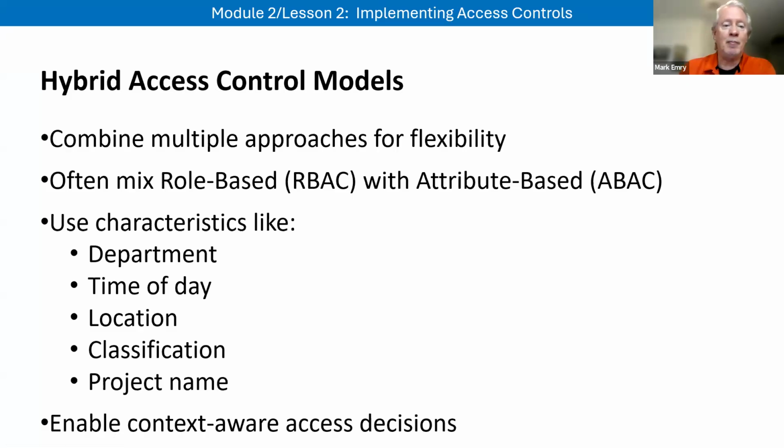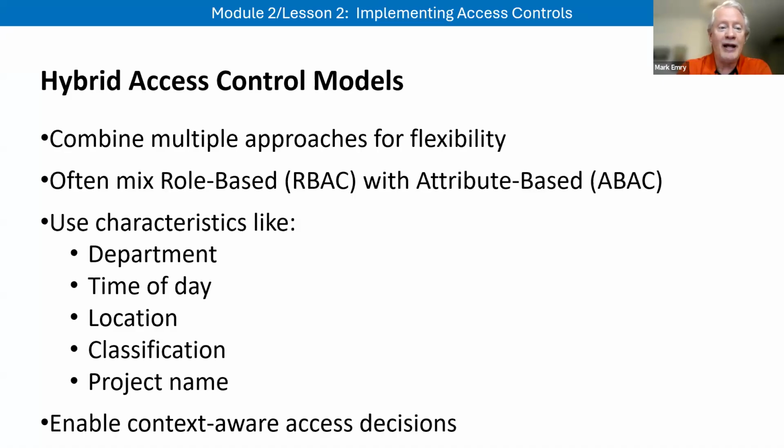The next model is more of a hybrid model that might add content or parts of the other models that we've discussed. So hybrid models primarily seek to add flexibility to access control. Role-based access control, RBAC, can be combined with attribute-based access control, ABAC.